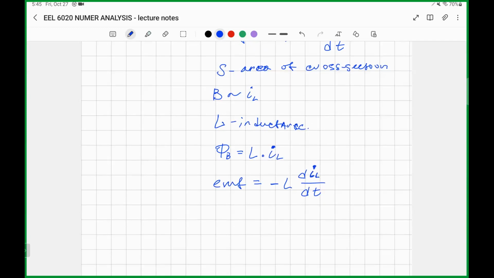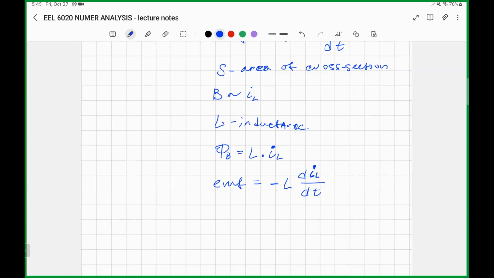So this electromotive force resists the current and the voltage in the coil, and it is of the opposite sign of the voltage across the coil.